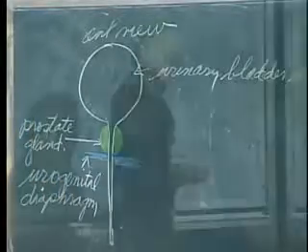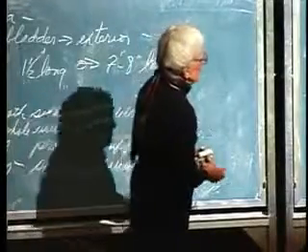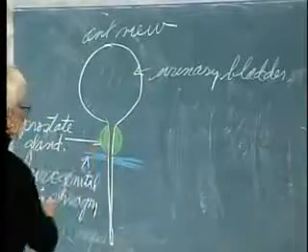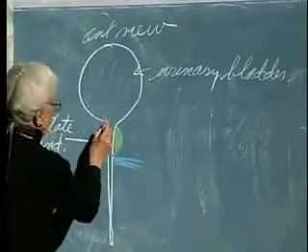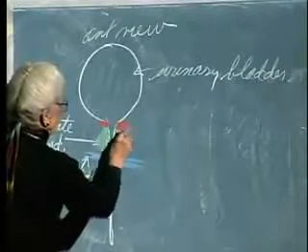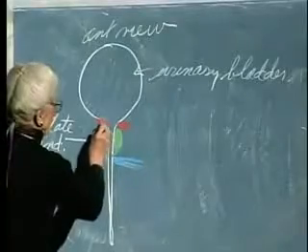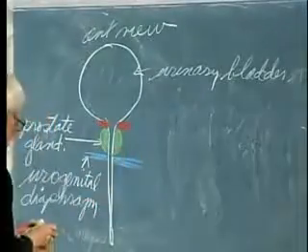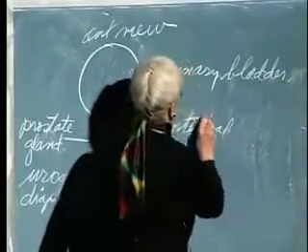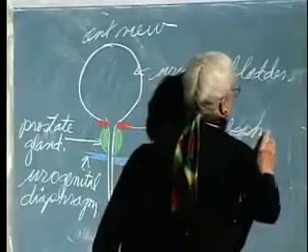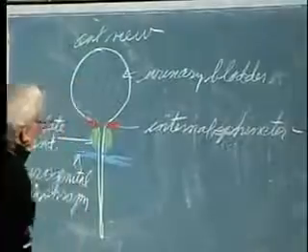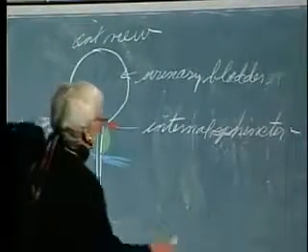So we'll stop for a moment with those, because between the prostate and the bladder we have our internal sphincter. This represents our internal sphincter, and that, of course, is smooth muscle.